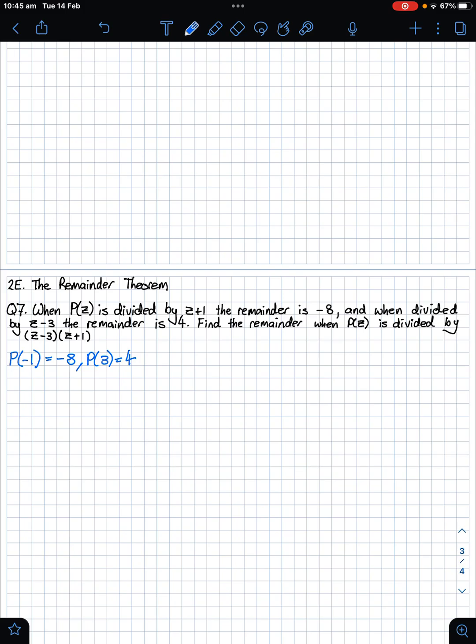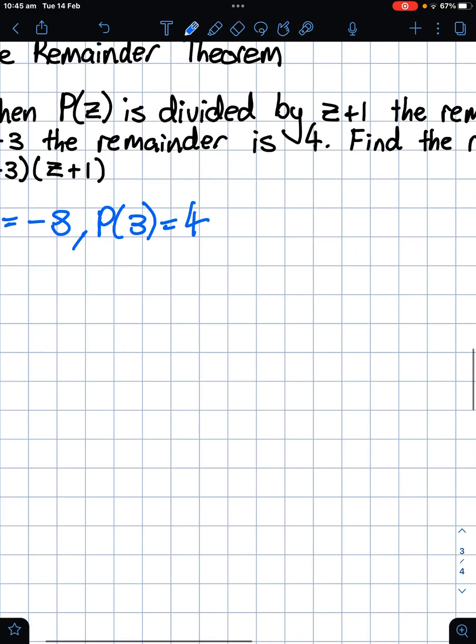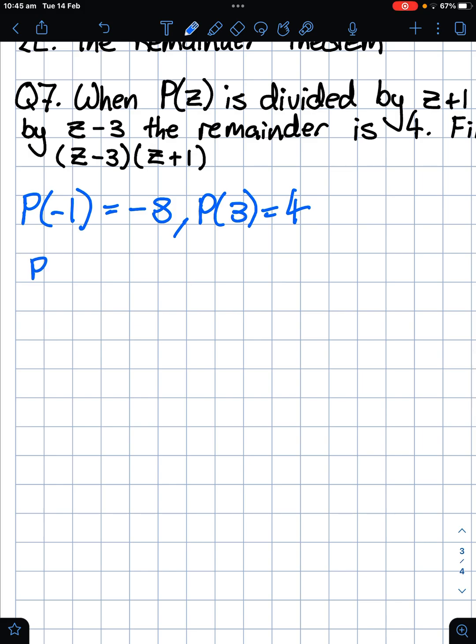All right, now that's actually just information, and the way the question was worded was why we went off on a tangent. Find the remainder when p(z) is divided by (z minus 3)(z plus 1). So we're going to have p(z) over (z minus 3) and then (z plus 1).